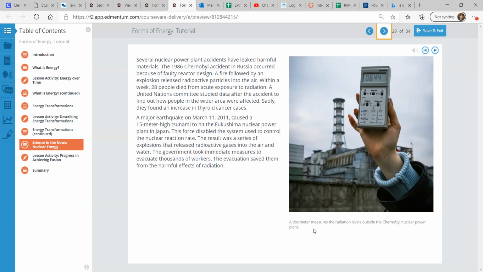Here we have a person holding a dosimeter, and that measures the radiation levels of an area. And they are in the Chernobyl nuclear power plant, which is in the background.